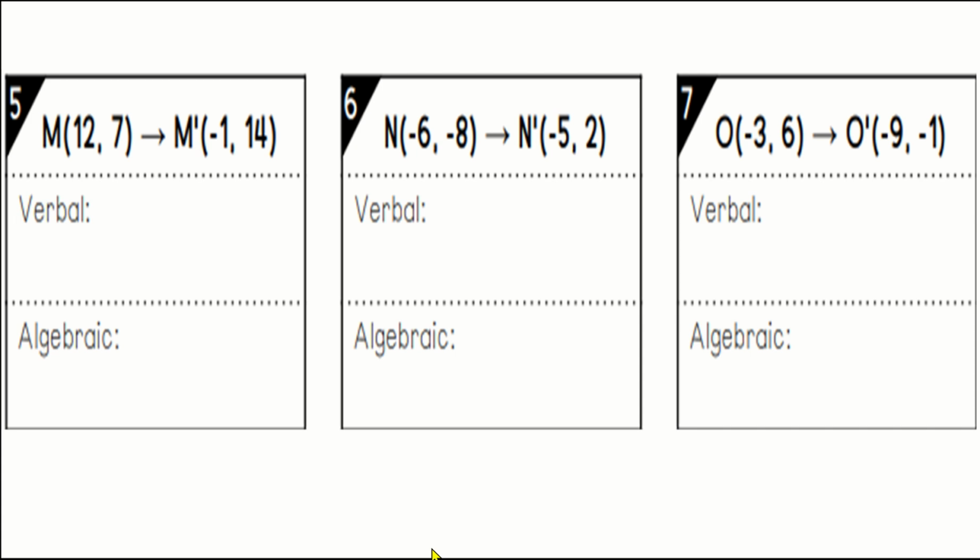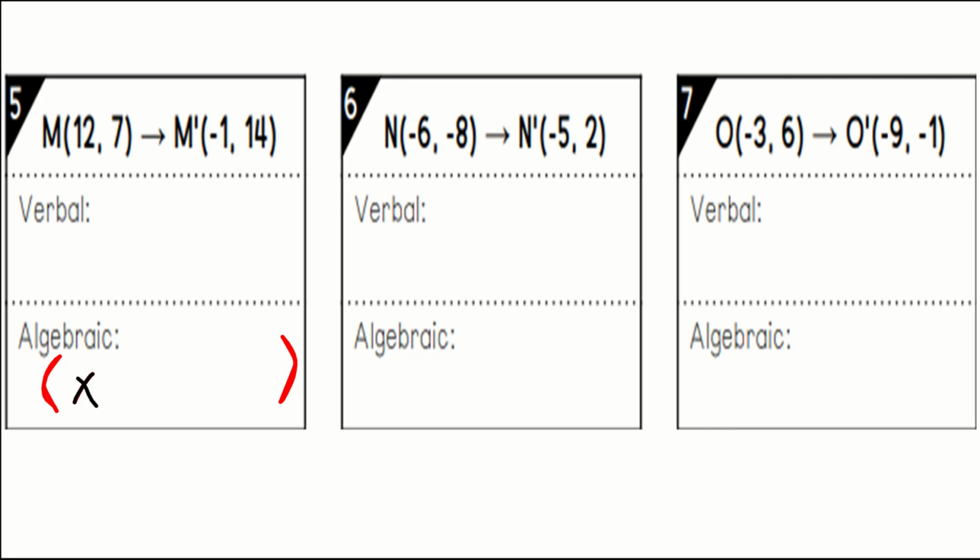All right, so I'm actually going to start with the algebra on this one, okay? So we don't do that one as much, but it's maybe easier to see first with the ordered pairs. So if we're looking algebraically at this, our X value is first. I'm going from 12 to -1.